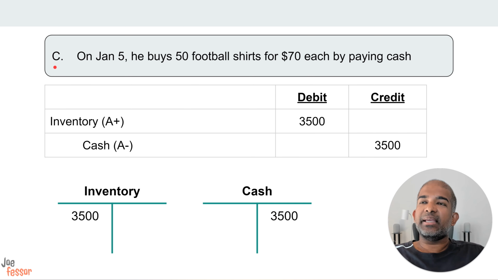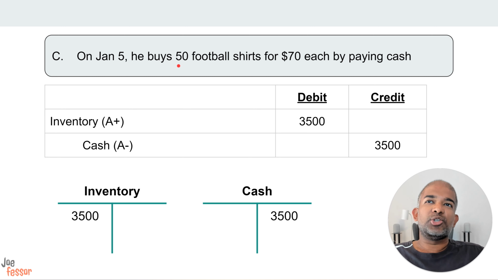Moving on to transaction C, on the 5th of January, Joe buys 50 football shirts for $70 each by paying cash. He's still paying for everything almost exclusively by cash. 50 shirts for $70 is $3,500. He's paying cash of $3,500, so cash has to be credited by $3,500 because it's an asset that is going down.